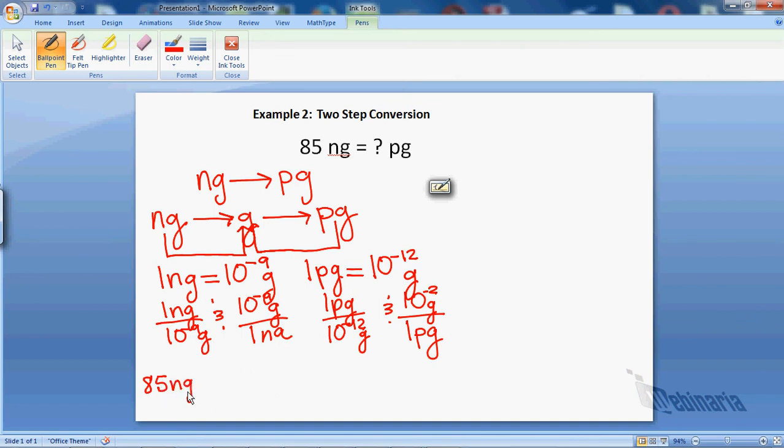We have 85 nanograms times, so my relationship between nanograms to grams, I want 1 nanogram at the bottom, and that's going to be 10 to the minus 9 grams at the top.